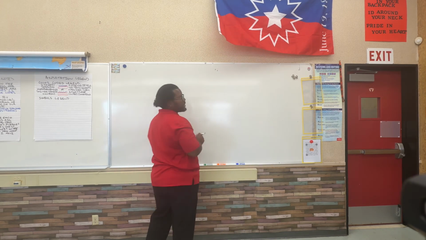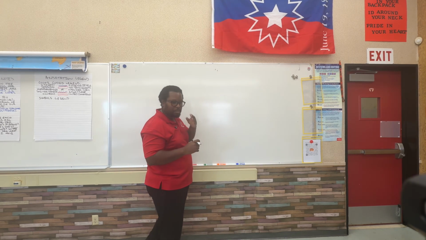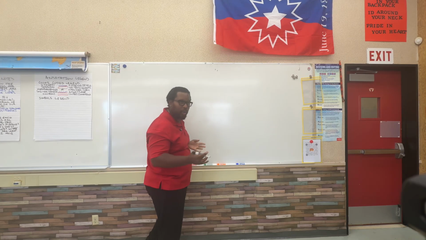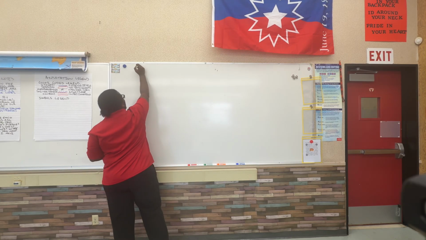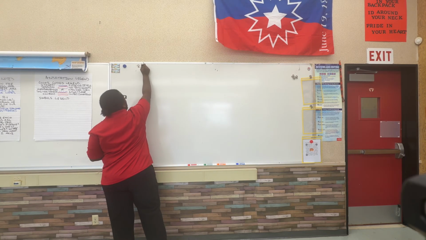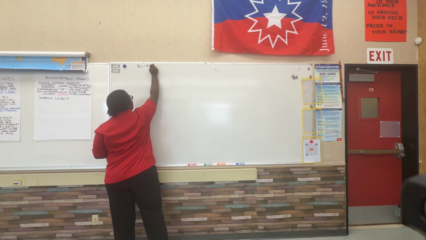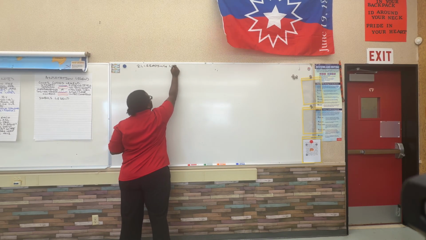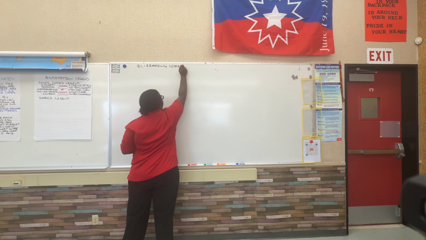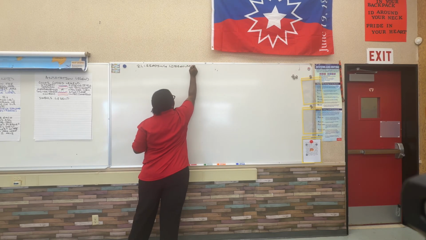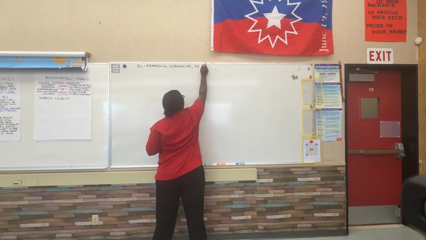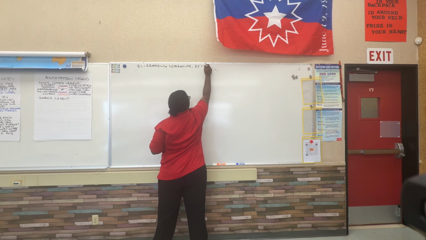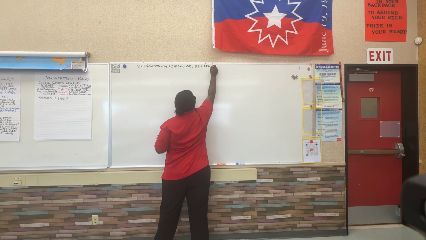So the Common Core State Standards are based on a couple of categories, right? So the first category is RL, which is reading literature. RI, which is reading information. That's reading an informational text.